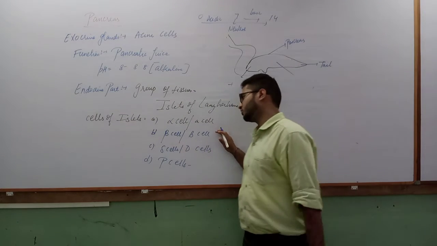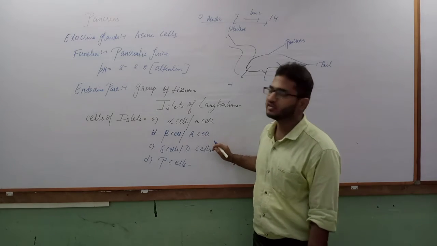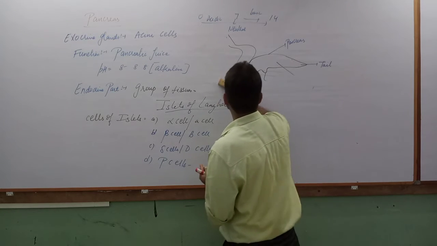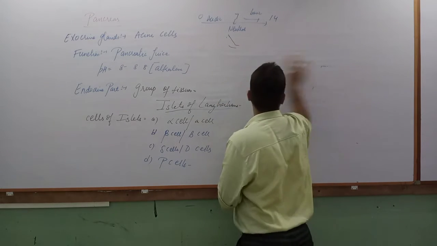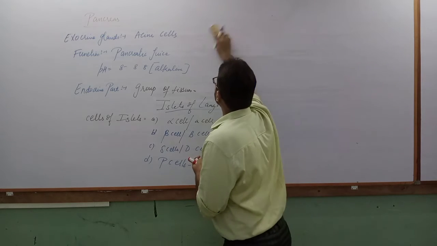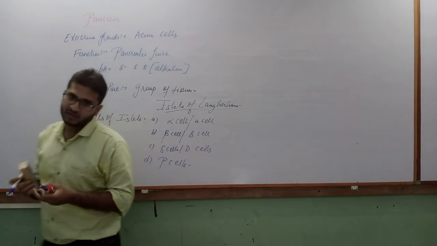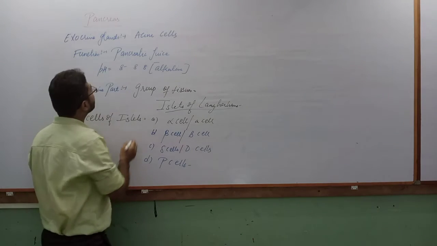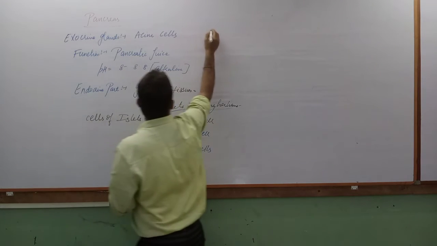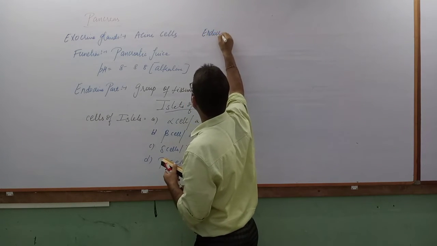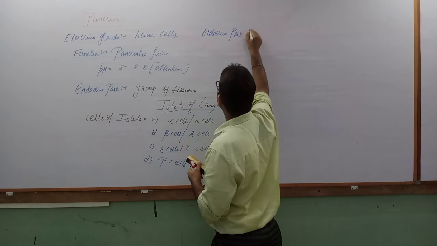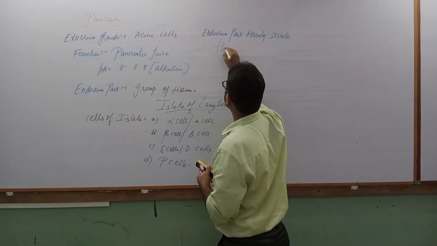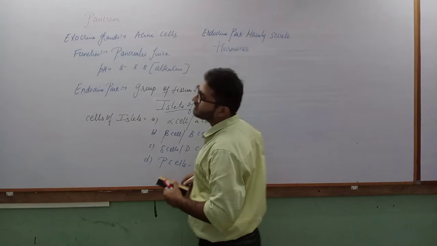Now let us discuss the role, that is the function, of each of the cells which are part of the islets of Langerhans. The important feature regarding the endocrine part of the pancreas is that the endocrine part mainly secretes hormones.